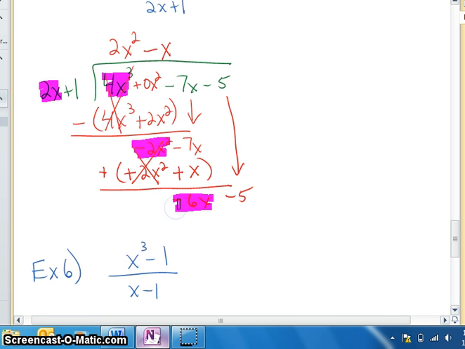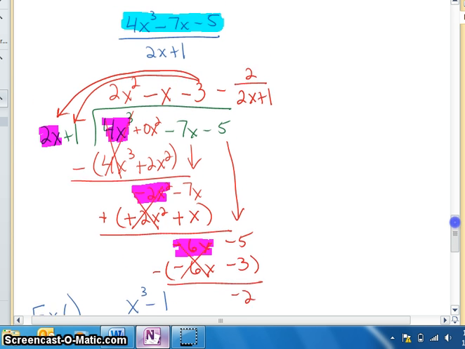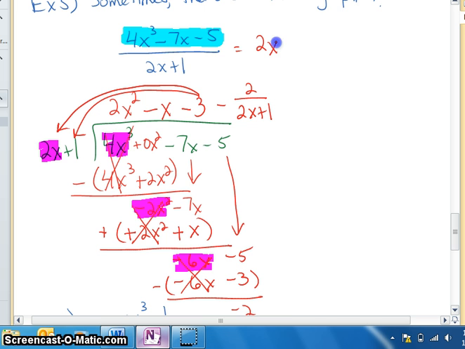Now I'm looking here, which means it's going to be a negative 3. Let's multiply negative 3 by each of these. Negative 6x minus 3. Subtract. These are gone. Negative 5 minus negative 3 is going to be negative 2. So that'll be my remainder. So this equals 2x squared minus x minus 3 minus 2 over 2x plus 1.